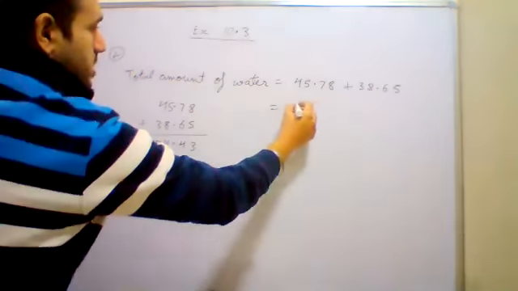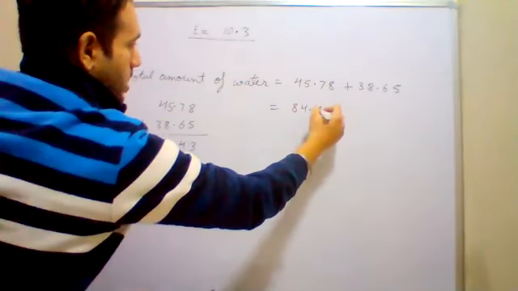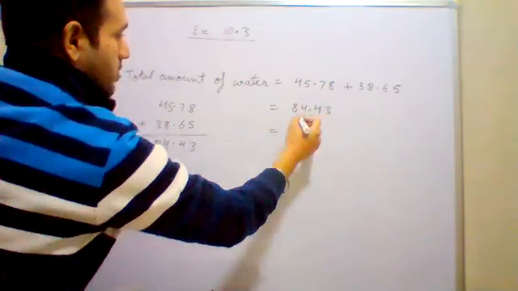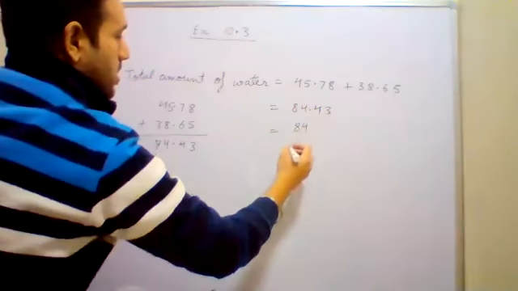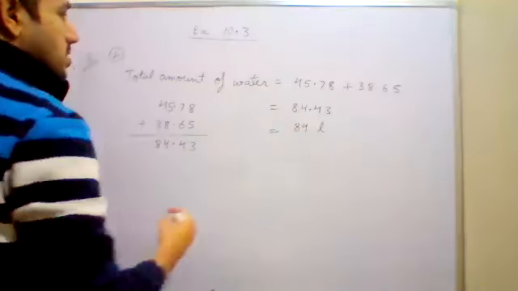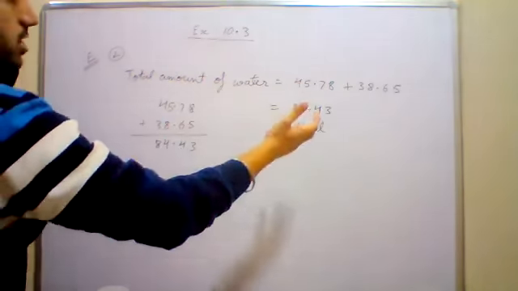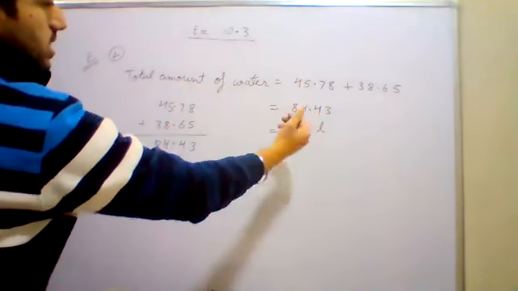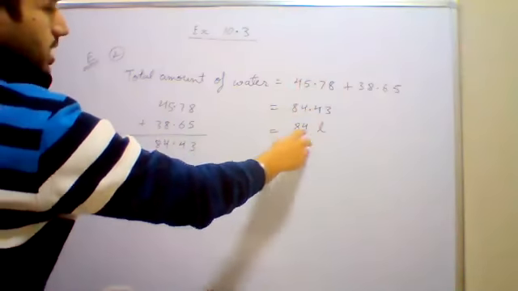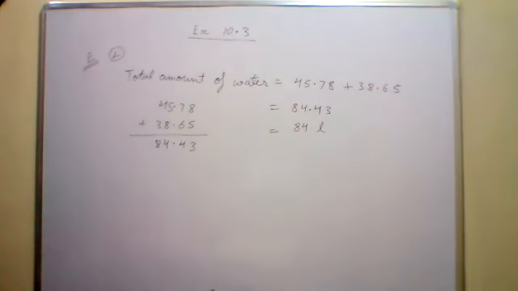The sum is 84.43. But when you round off to the nearest liter, you will write only 84. So 84 liters of water. That means you have to remove the decimal part. 84 liters of water. Clear?